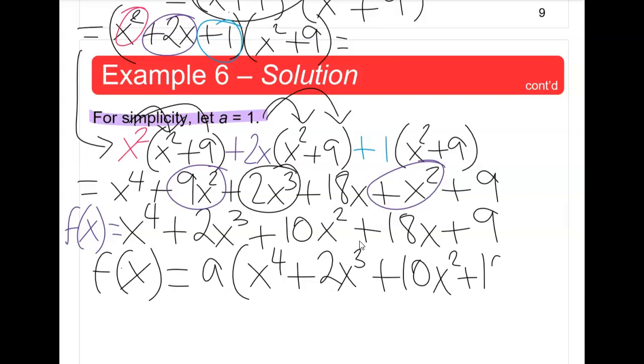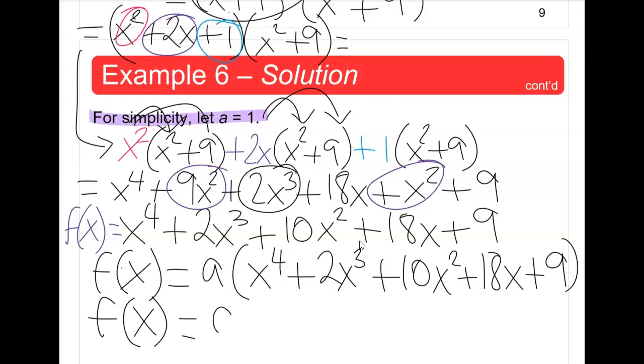In other cases, you might have to find what a is. And the way you will do that is, you will be given a point. And with that point, once you have your answer, whether it's in expanded form or in factor form.